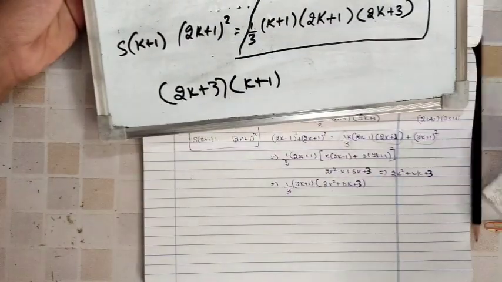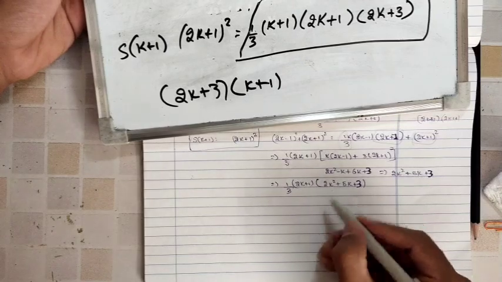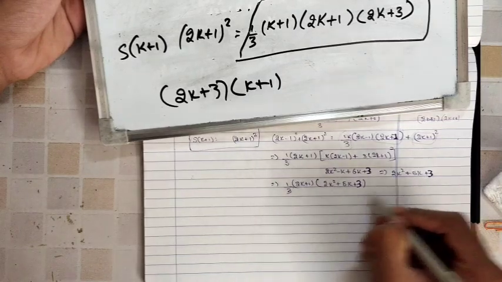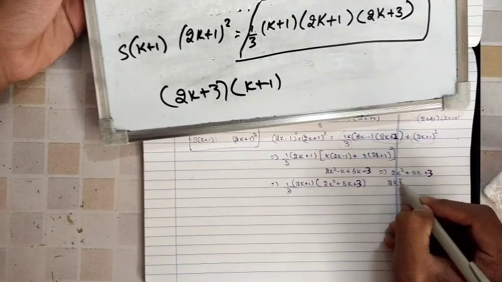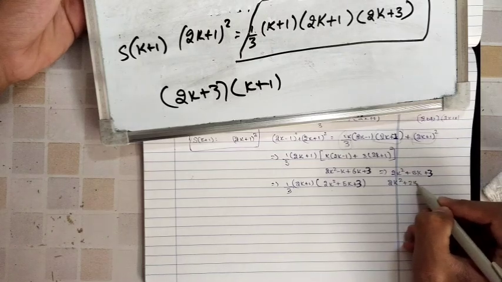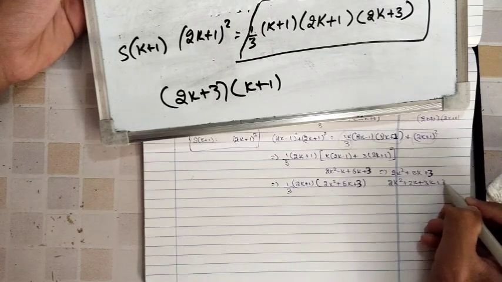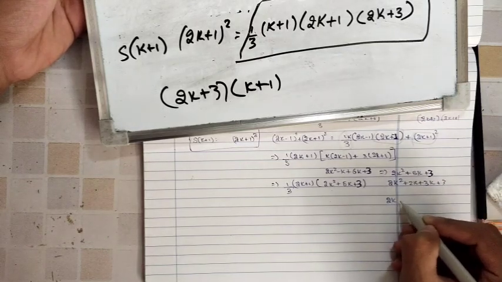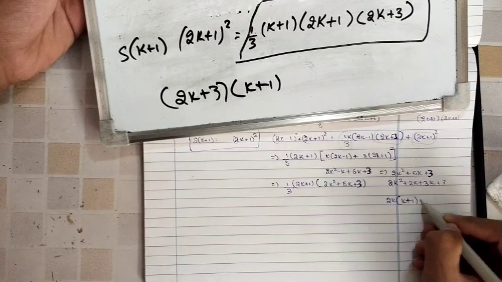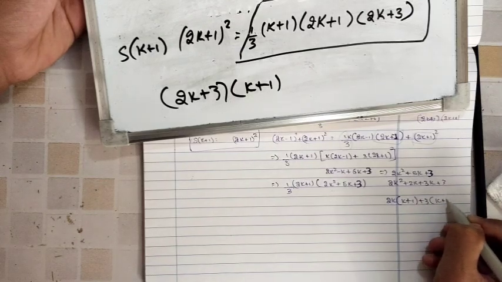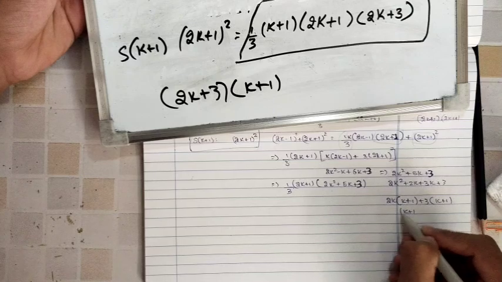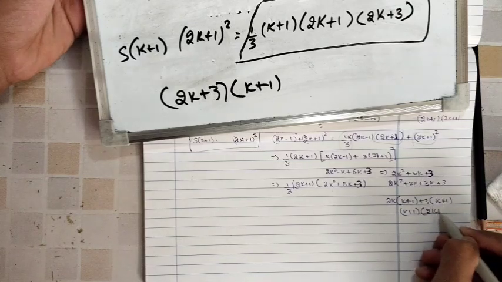Let me just write it out: 2k square plus 2k plus 3k plus 3, then 2k into k plus 1 plus 3 into k plus 1. First I will write the common term k plus 1, then 2k plus 3.